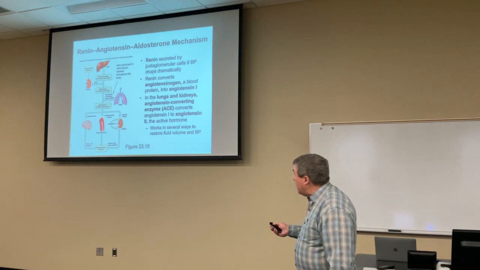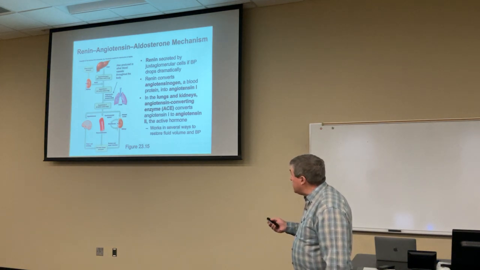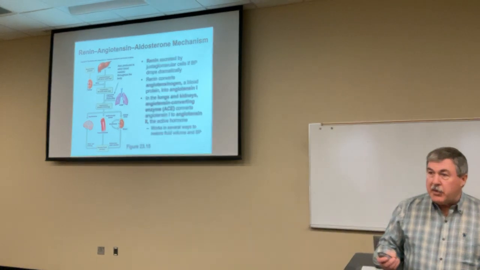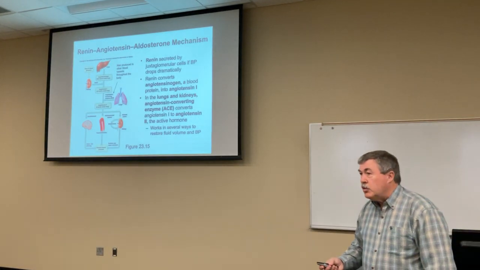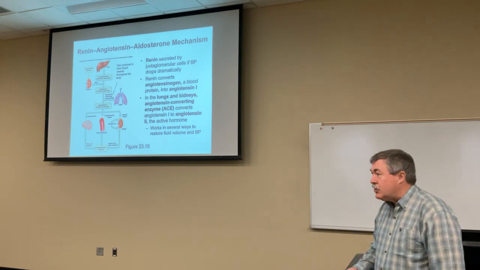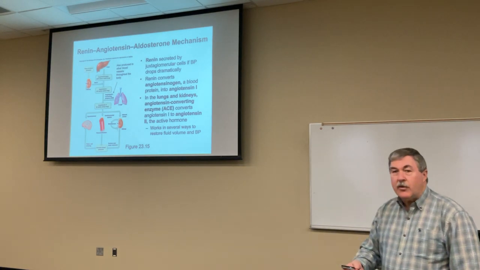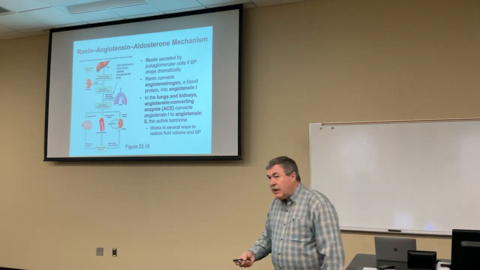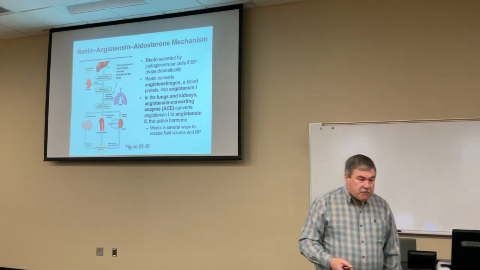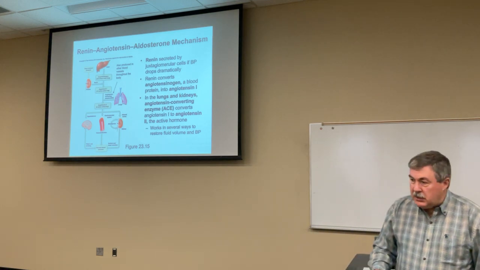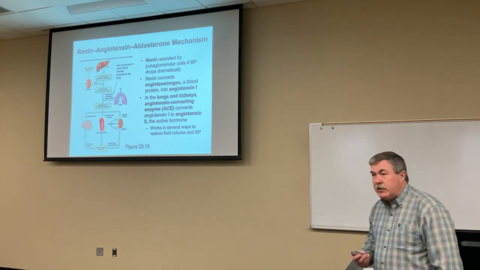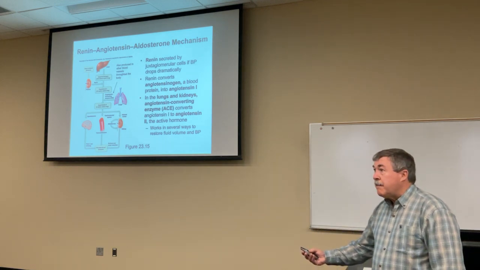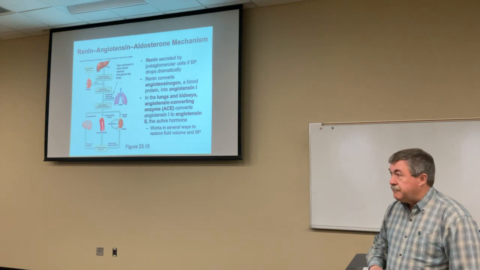Then a third factor is that angiotensin II also stimulates the hypothalamus to release ADH, which stands for antidiuretic hormone. Antidiuretic hormone causes the distal tubules of the nephrons to increase water reabsorption.